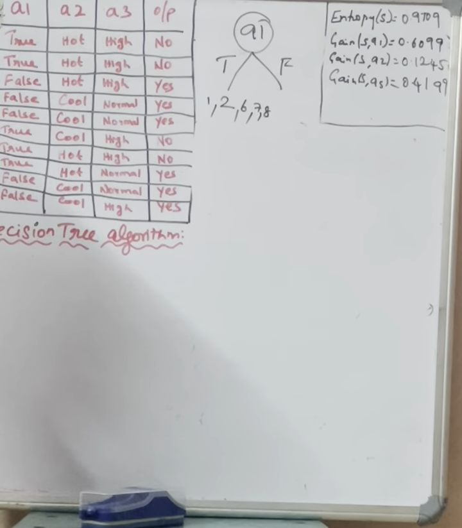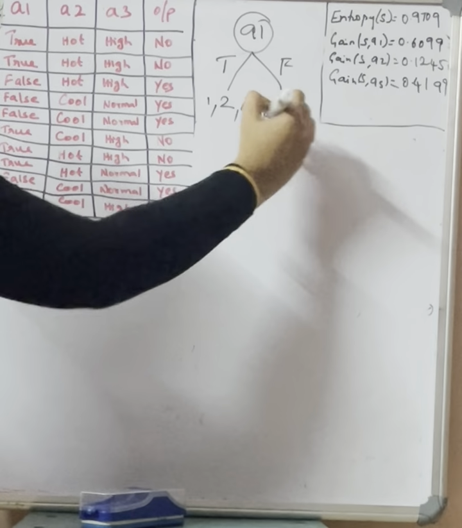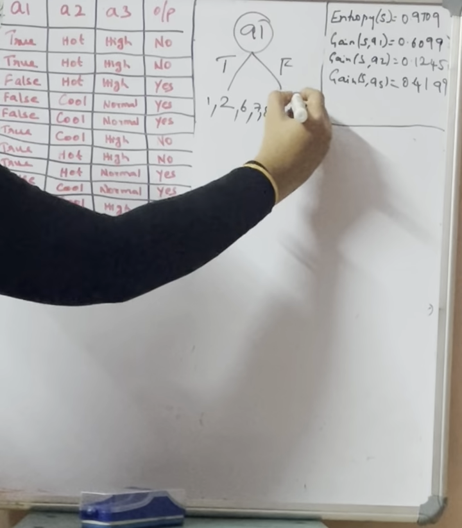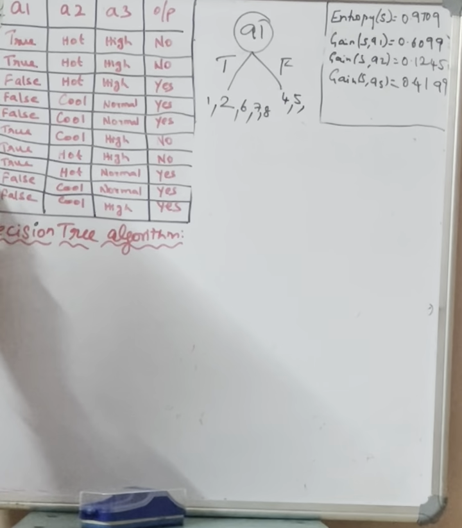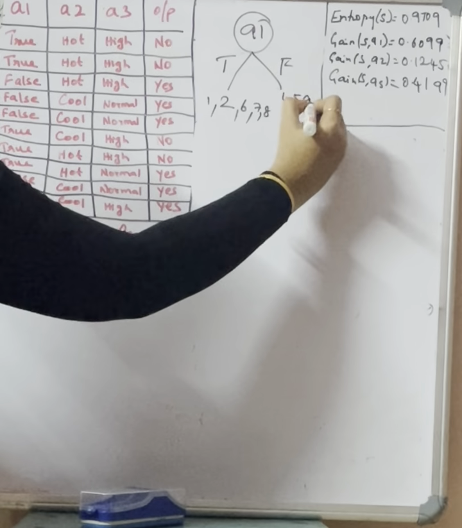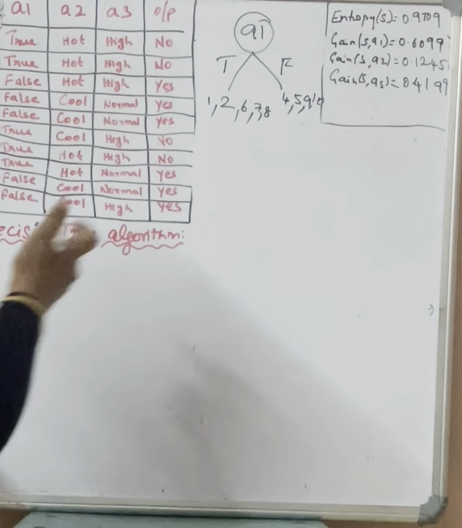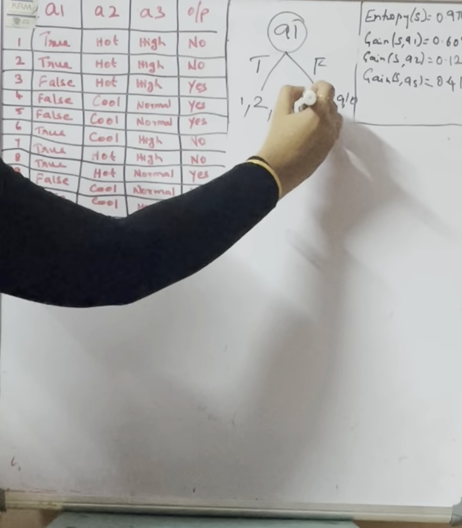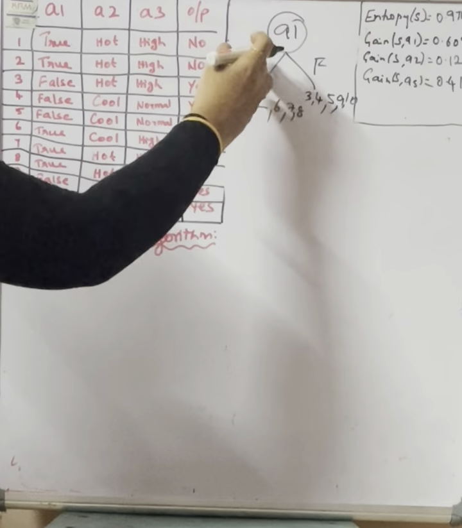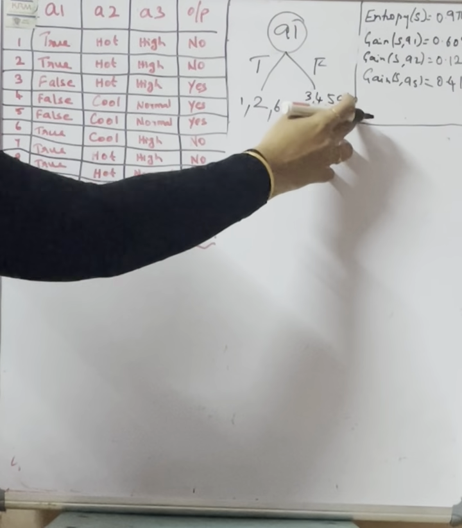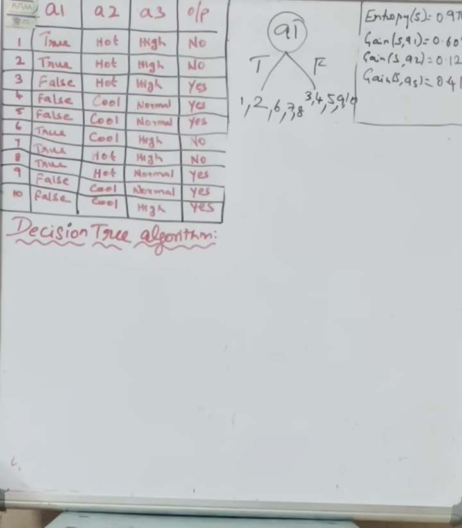Now what are the false values we have? Samples 4 and 5, and here 9 and 10. 4, 5, 9 and 10 are contributing to false. Here 3 is also false. So 1, 2, 6, 7, 8 are contributing to true, and 3, 4, 5, 9, 10 are contributing to false.